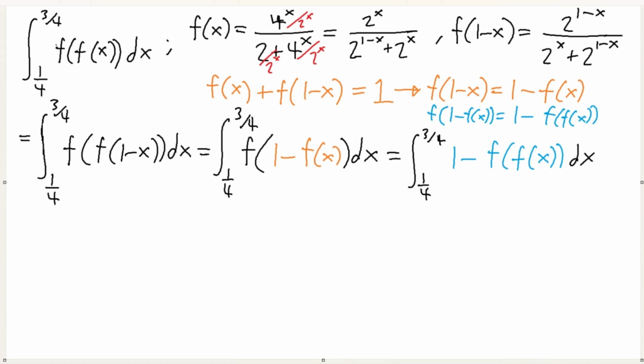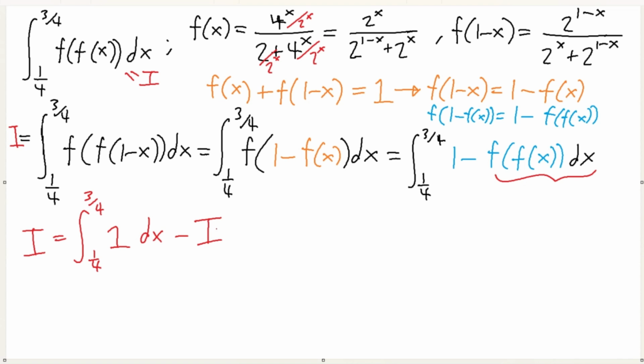We have our original integral equal to I. And then all of a sudden we get I is equal to this integral from 1/4 to 3/4 of 1 dx minus I. And so now we have 2I equal to this integral, which is 3/4 minus 1/4, that's 1/2.